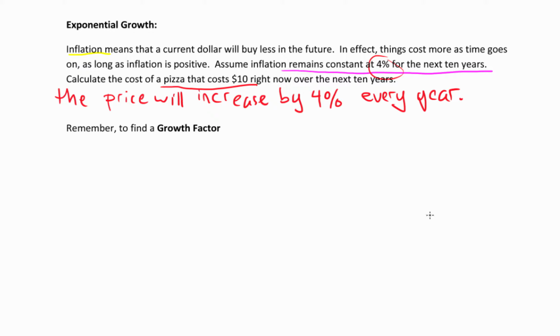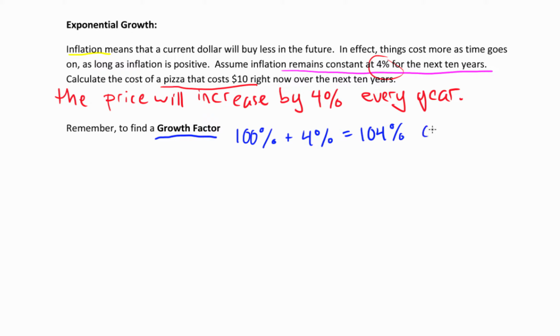So what that means is we're looking at a percent increase. So remember, if we're looking at a percent increase, I want to talk about a growth factor. In a growth factor, I'm going to take 100% plus my percent increase. That gives me 104%.